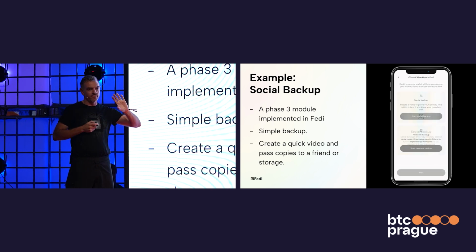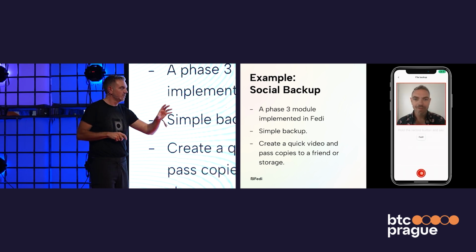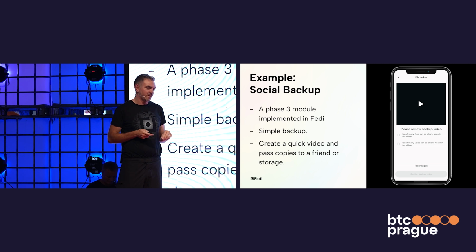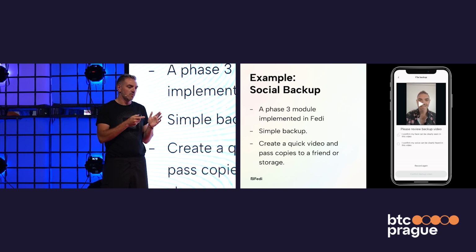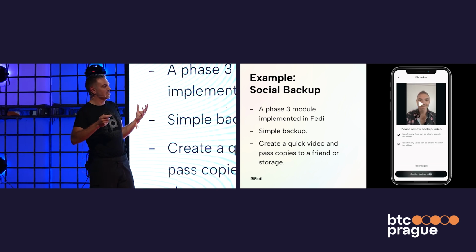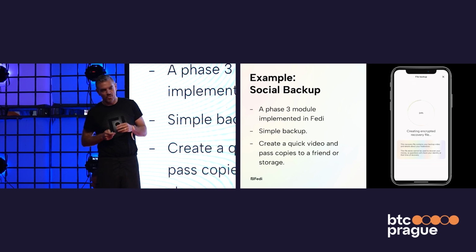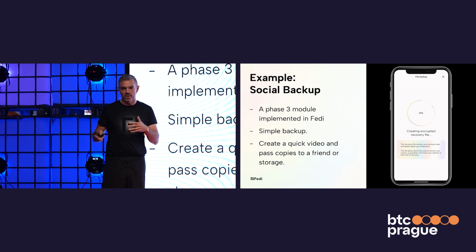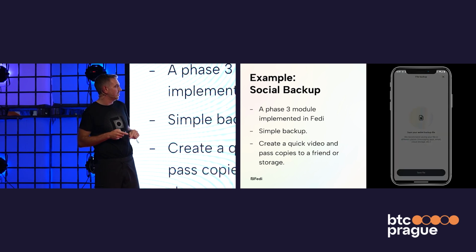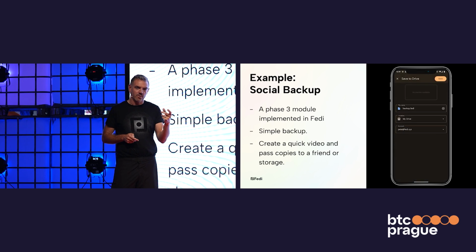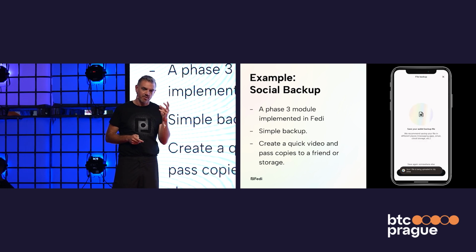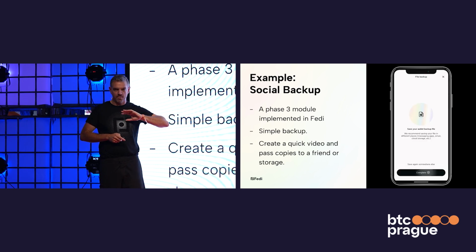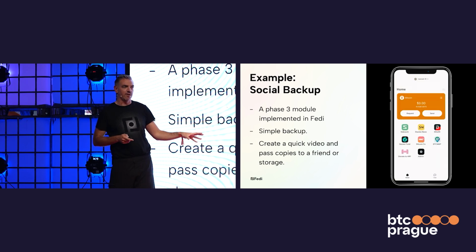And then what we bolt onto the front of that is a Fedi mod, which is like what you're seeing in the user interface here, where we can effectively do a face-based backup, so it's social recovery. So without trying to write down any of the 12 words that I need, that's available as an option. I can instead whip out my phone, take a 2-second video of myself, send it to a friend, and I've now backed up my entire Fedi account.